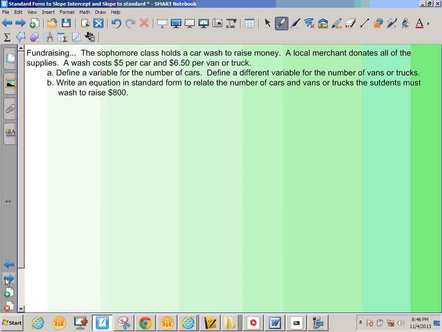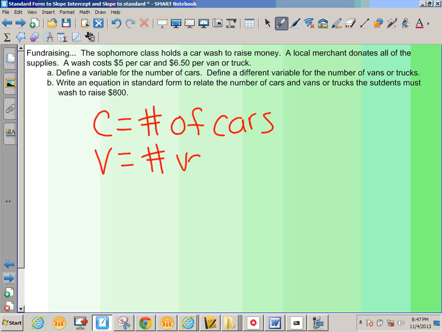I would like to use the letter C to represent the number of cars. And then I'm going to use V to represent the number of vans or trucks. Sound good? Because it told us to use a different variable.